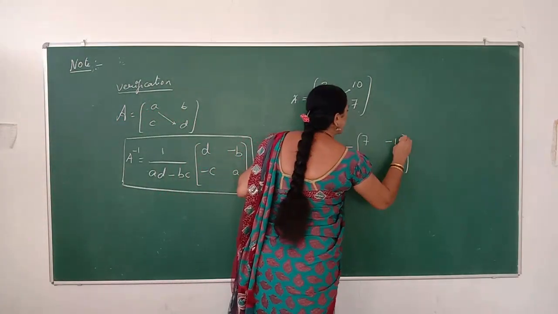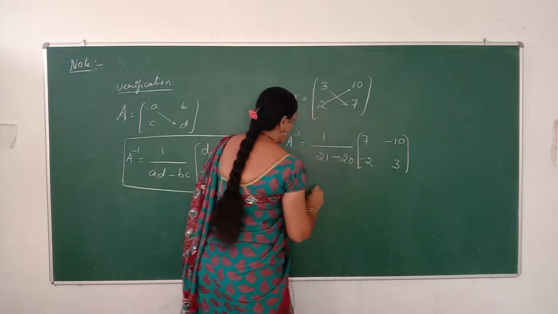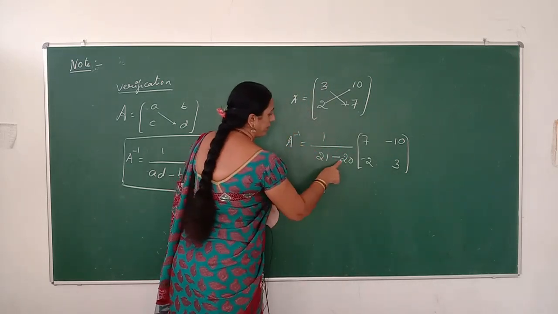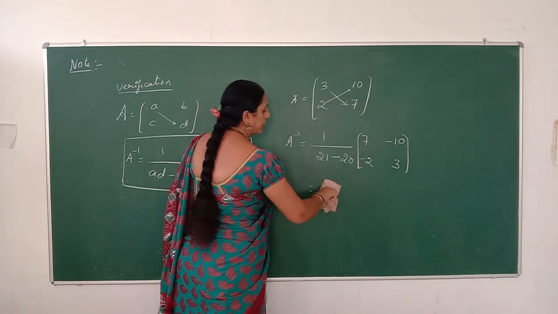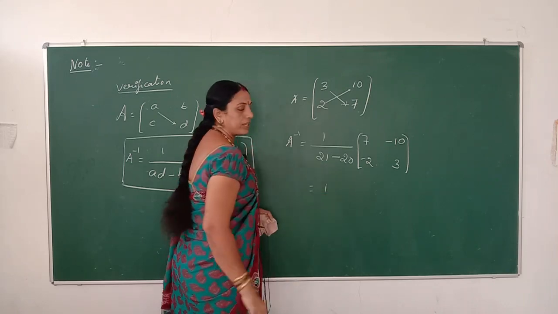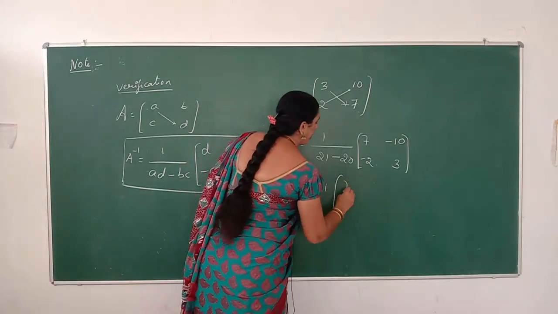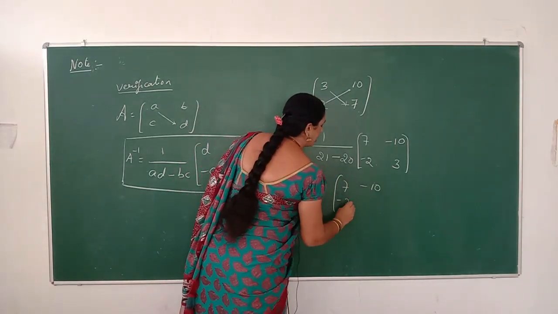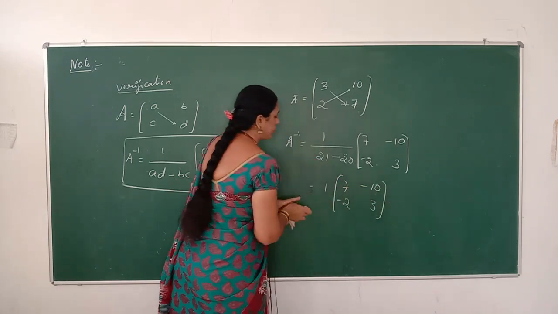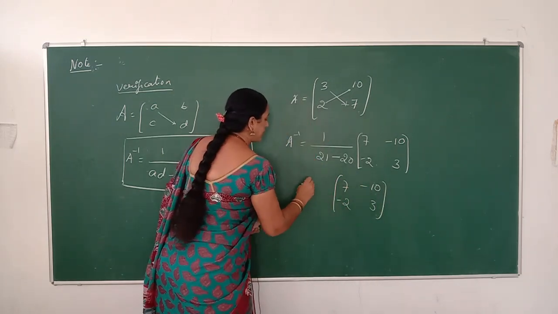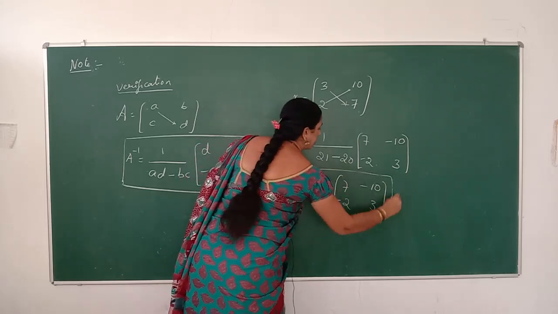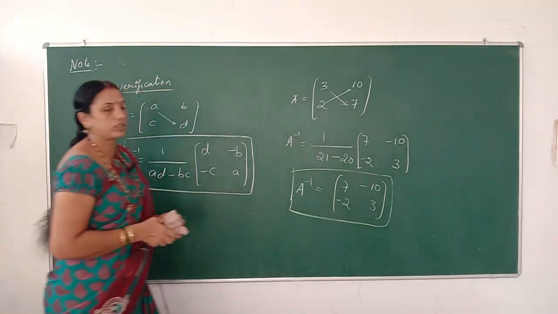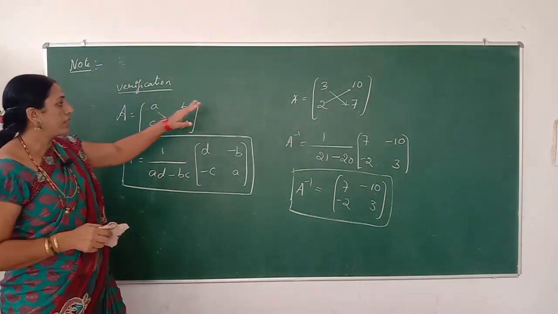That is minus 10, minus 2. So after simplification, 1 divided by 21 minus 20 is 1. 1 by 1 is nothing but 1 into 7, minus 10, minus 2, 3. Otherwise just written as A inverse is equal to 7, minus 10, minus 2, 3. That is the inverse of the given matrix.